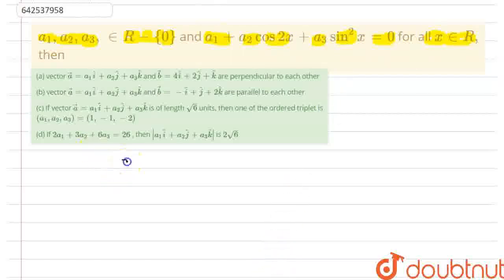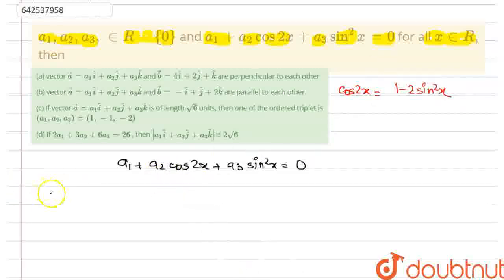So we are given a relation that a1 plus a2 cos 2x plus a3 sin square x equals 0. Now we know one thing that cos 2x can be written as 1 minus 2 sin square x. So here in place of cos 2x, I will write down 1 minus 2 sin square x.